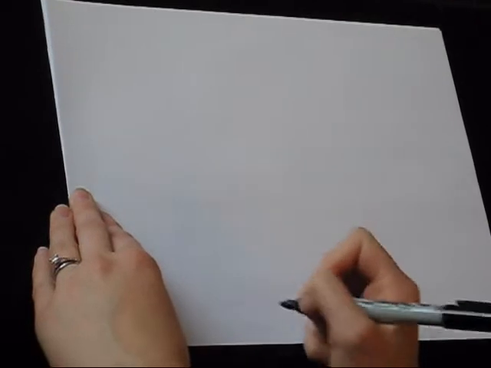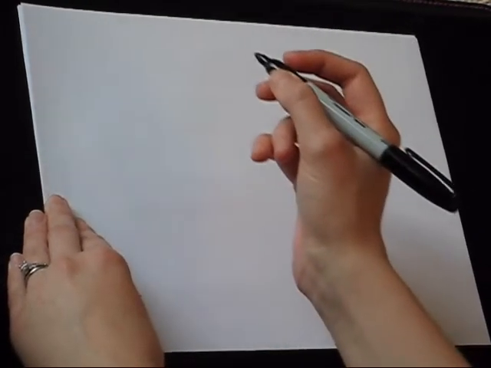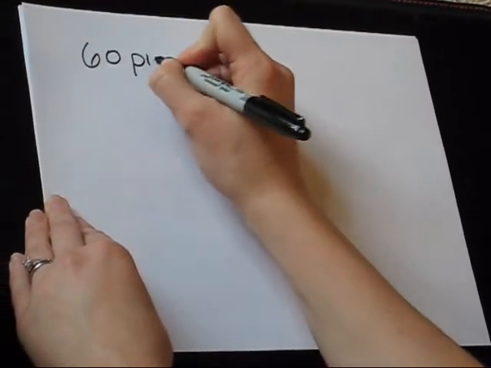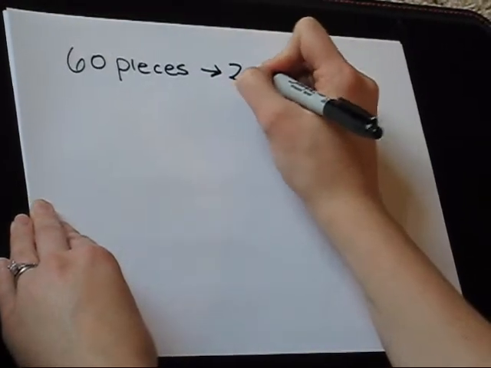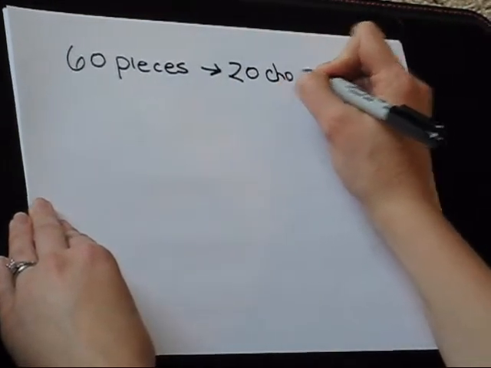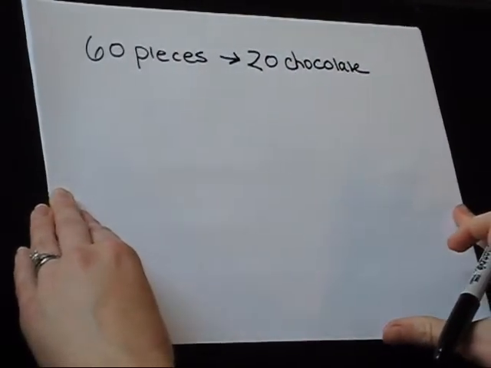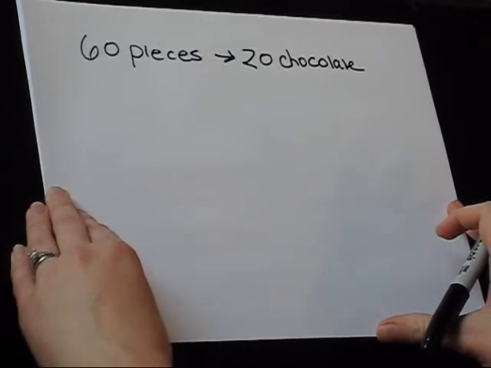But we are not done yet. Susie only wants to keep the chocolate candy and give the non-chocolate pieces to Jacob. We know that out of the original 60 pieces of candy, 20 were chocolate. So we can write 60 pieces of candy, but only 20 were chocolate. So now we need to figure out how many of the 150 pieces of candy are chocolate.